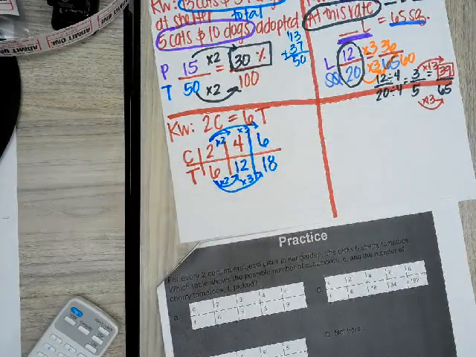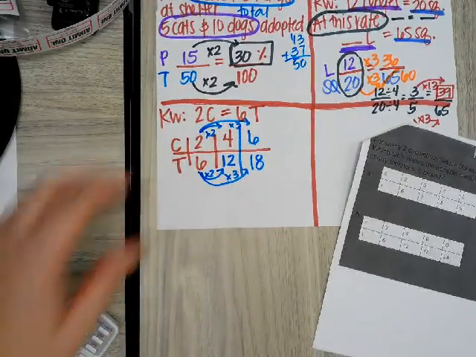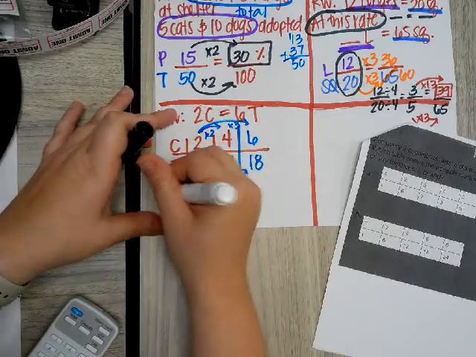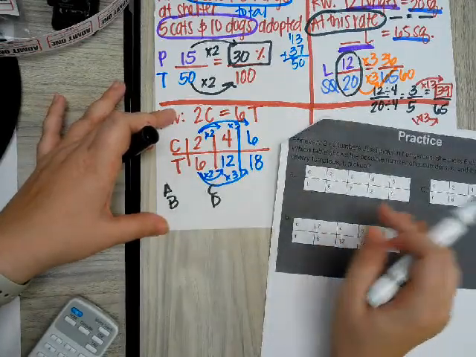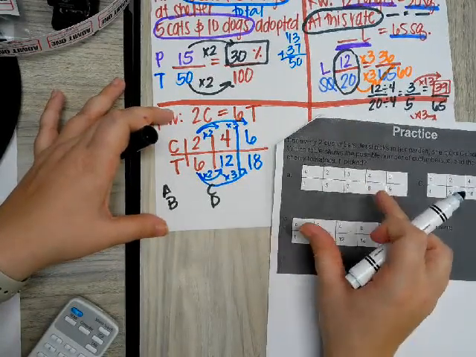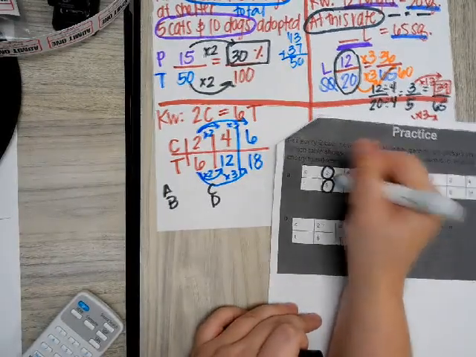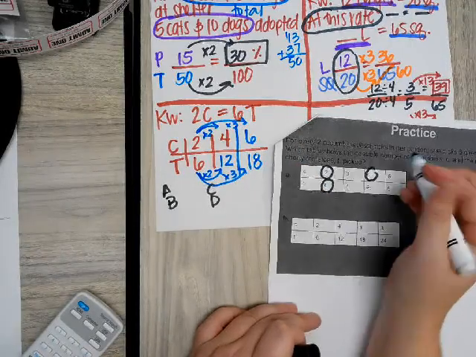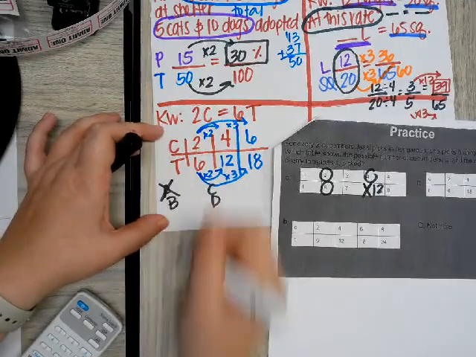Okay, so now let's look at our answer choices. So if I look at A, this said from 2 to 6. If I look at my 4, because I have 4 here, they said it was 8. Is that true? No, it should be 12, so we know that A cannot be my answer.